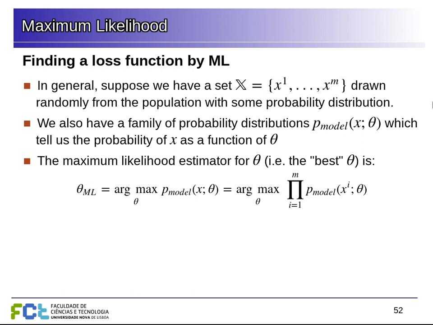We don't know what that probability is, but that was the distribution with which we drew the data from the population. And now we have in our model a family of probability distributions that depend on the parameters. This is an important thing: as we change the parameters, we are changing the probability distribution. Our model is telling us the data has.